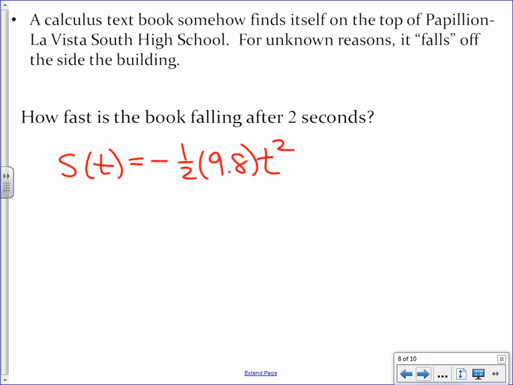All right. So if I want to know how fast the book is falling, I probably want what equation? The velocity. So our velocity is negative 9.8 t. Now, our velocity after 2 seconds would be what?